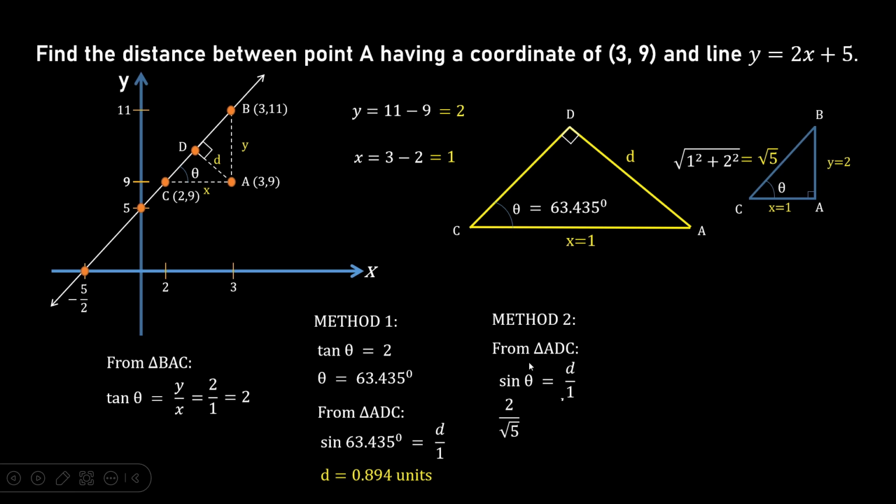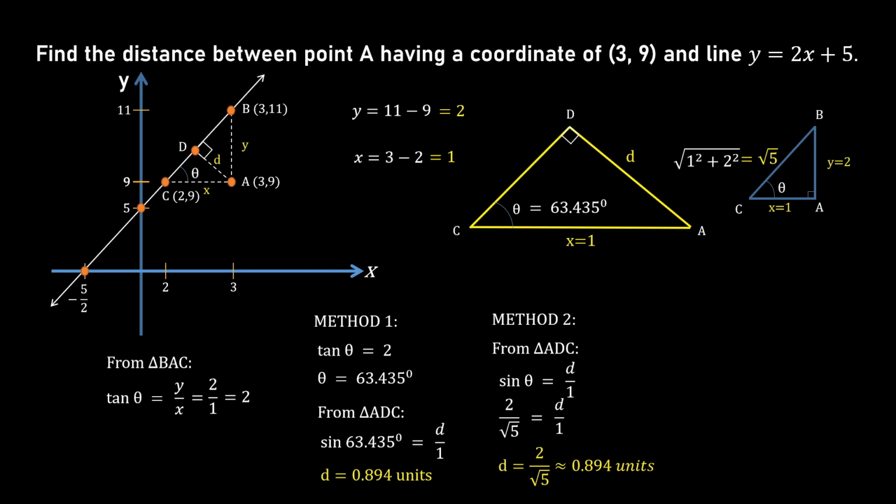This value is the value of the trigonometric function sine theta, and we only need to equate that with D over 1, and now we get 2 over the square root of 5. If you input that in your calculator, you would approximately get 0.894 units, which is equal to the value of D that we got in method 1.